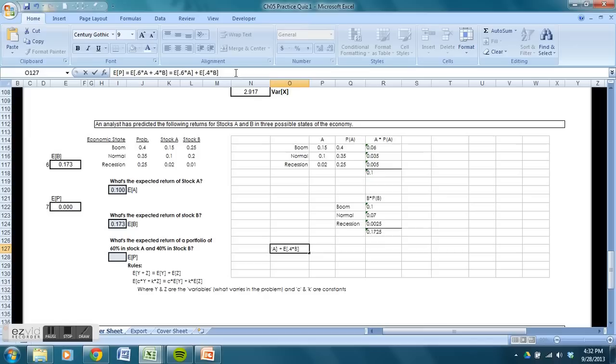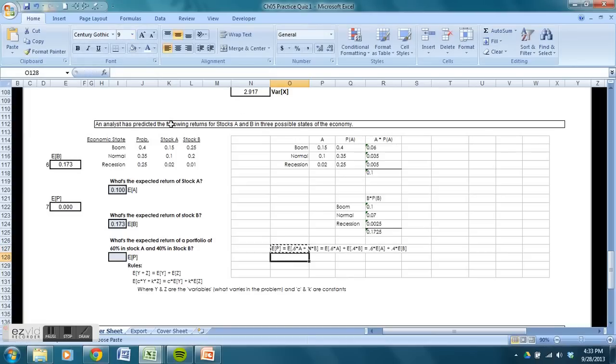I'll do it like this, that way we can see each part. First, let's focus on the expected value of 0.6 times A. That equals 0.6, I can bring the constant out, times the expected value of A. And now focusing on this part, 0.4 times the expected value of B. So now we got something we can work with.